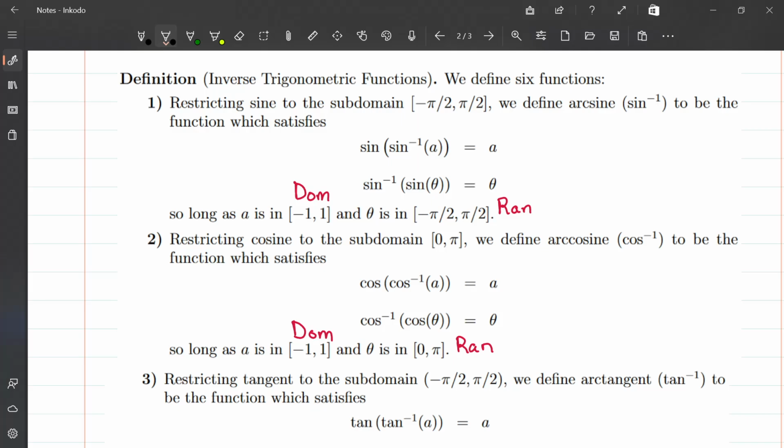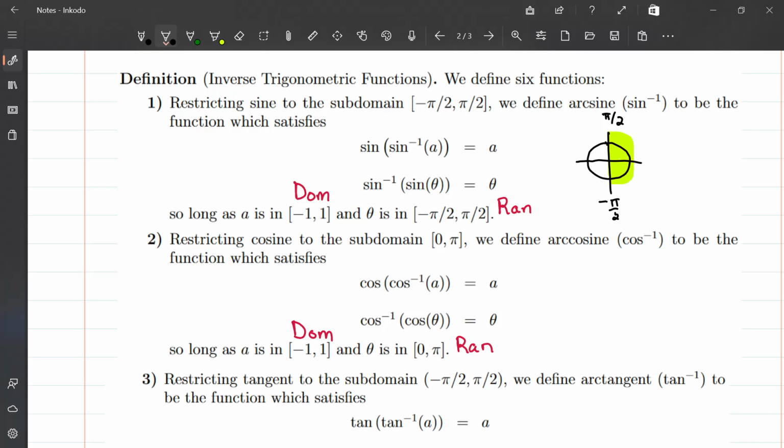Now, as we said, sine does not pass the horizontal line test normally. However, if I restrict sine to a subdomain, meaning instead of working with all of the possible inputs, I only work with the inputs between negative pi over 2 and pi over 2, which, for those of you who are visually minded, if I draw the unit circle, means I am talking about only those angles in the right-hand half of the unit circle, since we know that negative pi over 2 is down below on the y-axis and pi over 2 is up above on the y-axis.